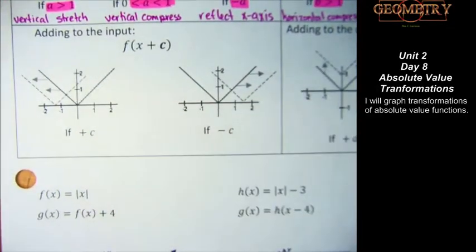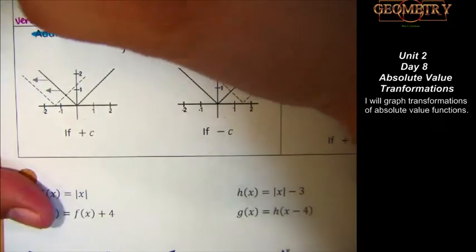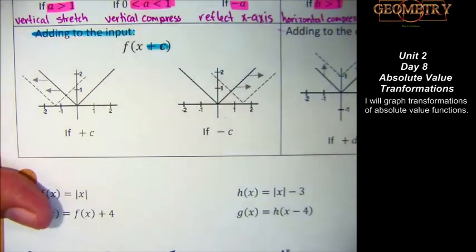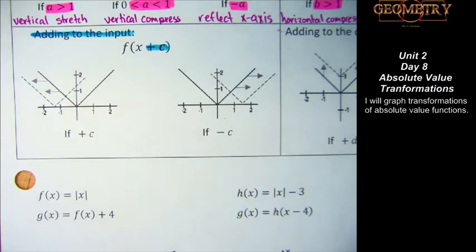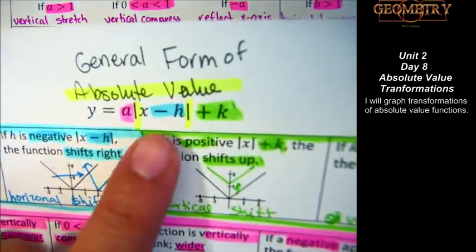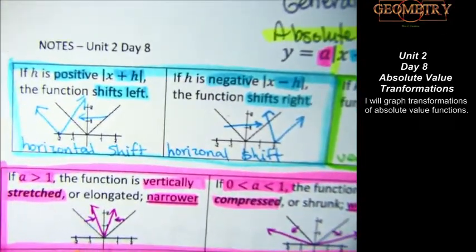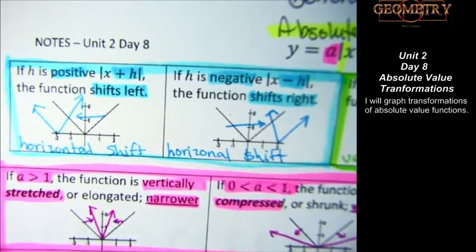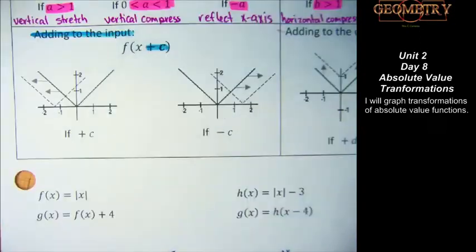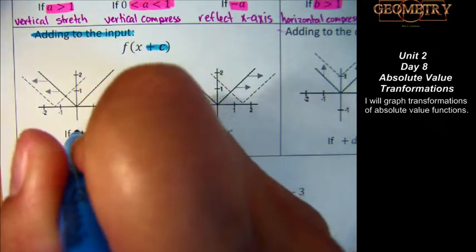Okay, let's go ahead and slide on here to the adding portion. If we're going to add to the inputs, this is going to feel really familiar from yesterday. Yesterday it looked like this, and if it was positive or negative, it told us whether it was going to go left or right. This is the same sort of thing. If it's positive, it's moving to the left.